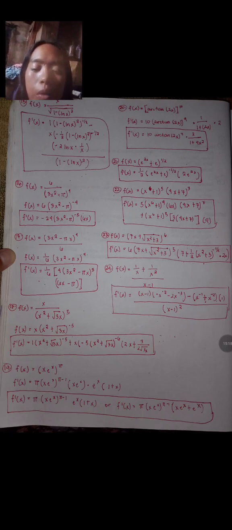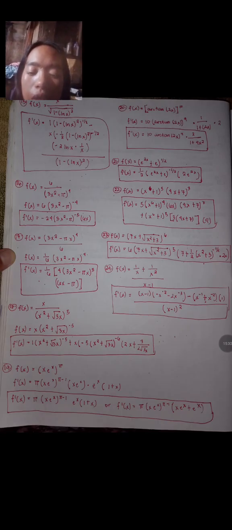So f prime of x would be equal to pi times x e raised to x raised to pi minus 1 times x e raised to x times e^x times the quantity of 1 plus x.